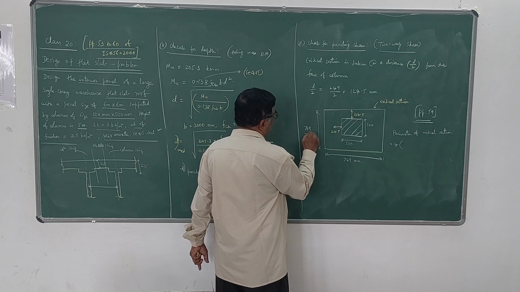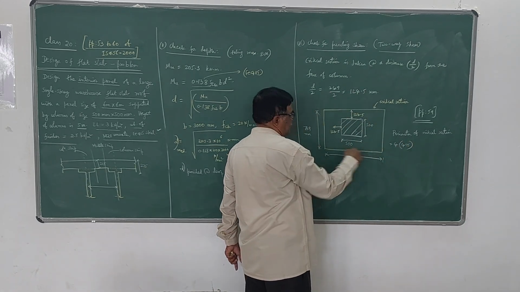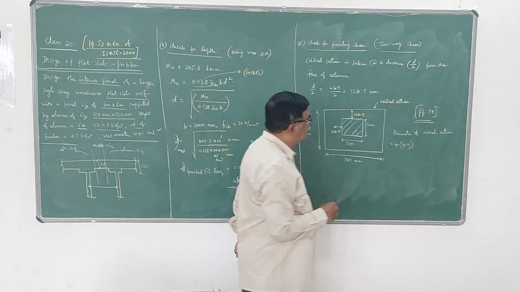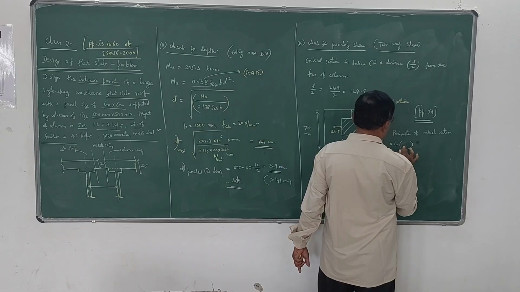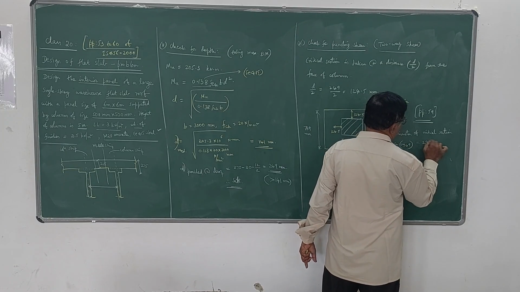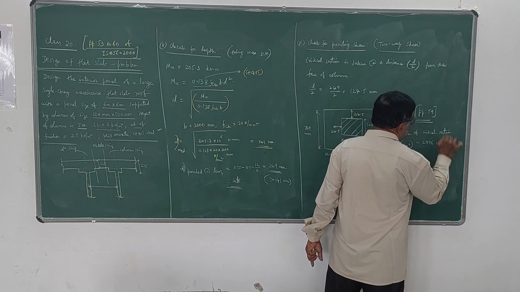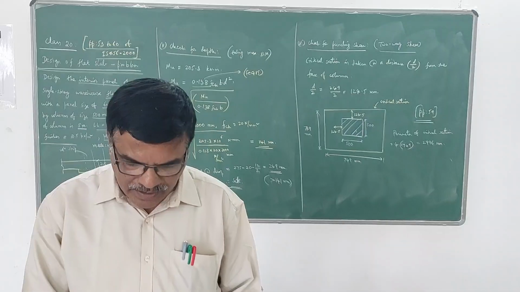So 4 times 749, perimeter means this. So it comes to 2,996 mm. That is the perimeter of the section.